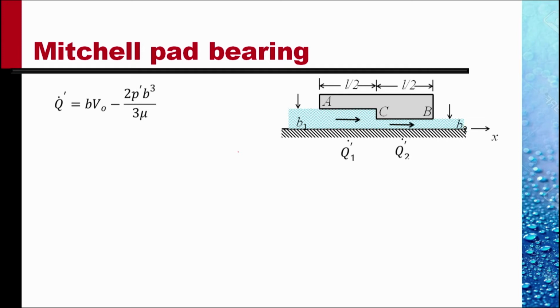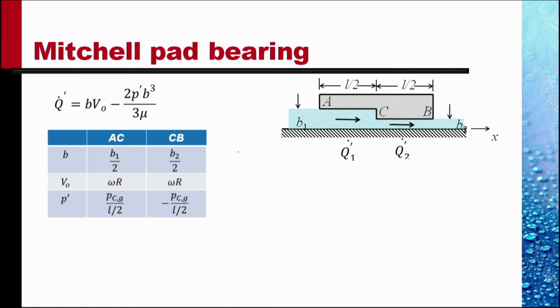Mu is the viscosity of the fluid and V naught is the speed of the upper plate. Now, for the two parts of the channels, AC and CB, we can write the values of B, V naught and P prime to be used in there. B is equal to B1 by 2.